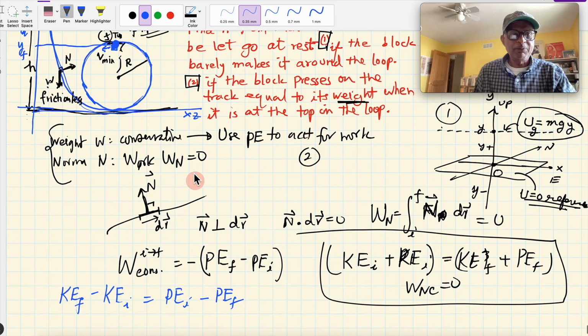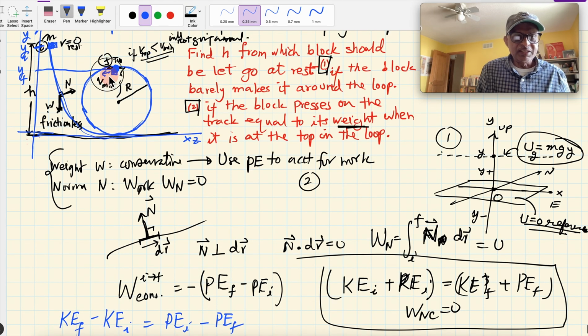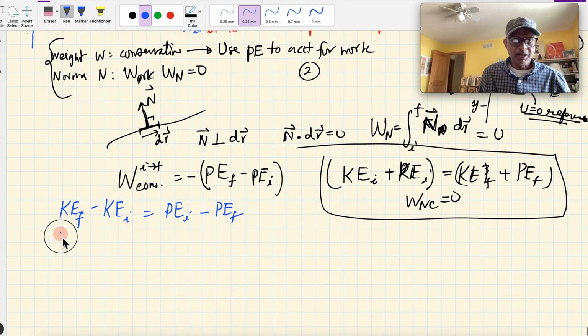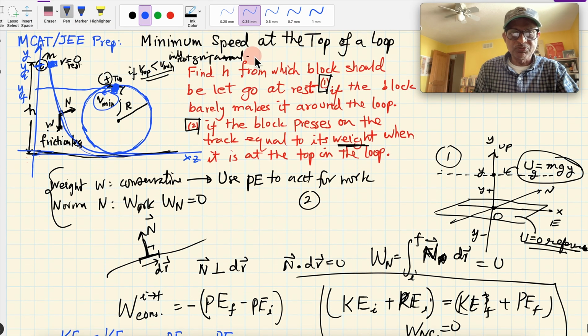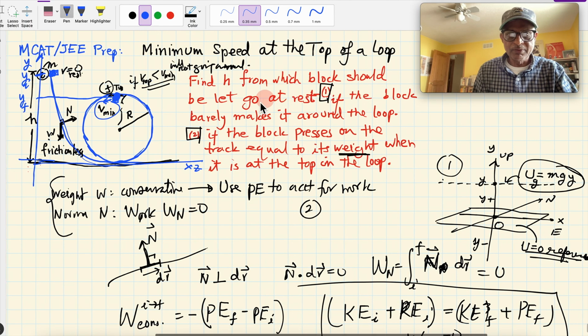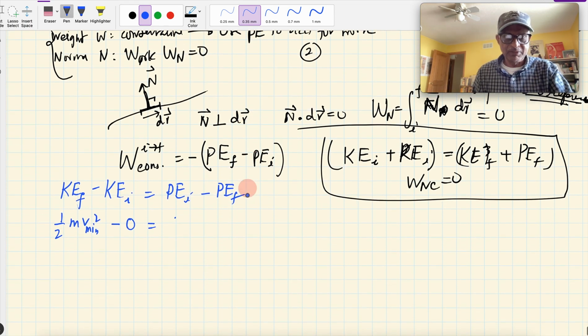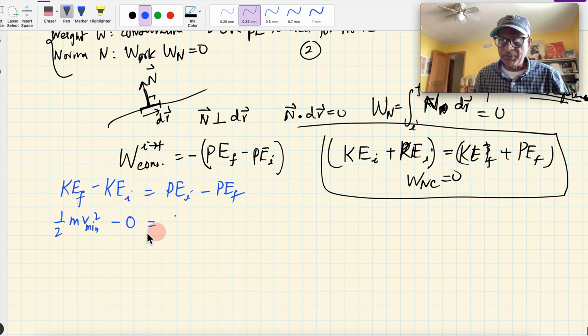If the speed we need is v min here and v0 here, then half m v min squared minus 0 equals the potential energy difference. The h is actually not given; we're supposed to find h. So let's see how v min is related to h.